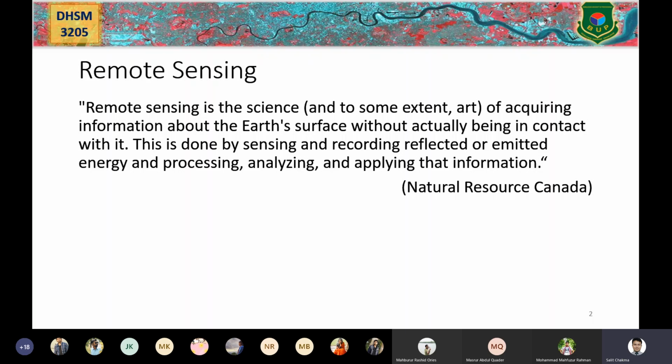In the first part, it talks about the science by which we gather data without physically being in touch with the object. And the second part of the definition says that we do that sensing, we complete that sensing, and then we also record that sensation. And what do we record?